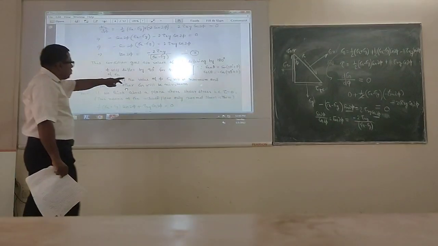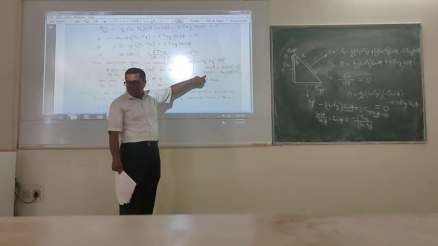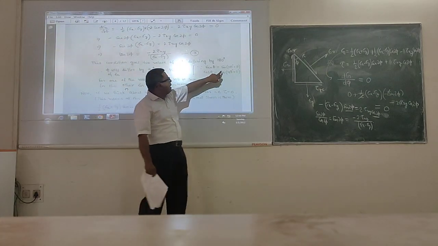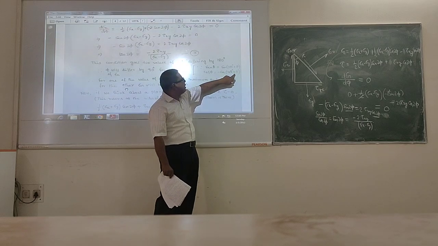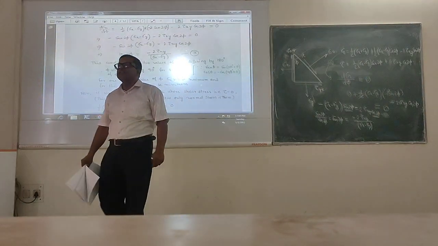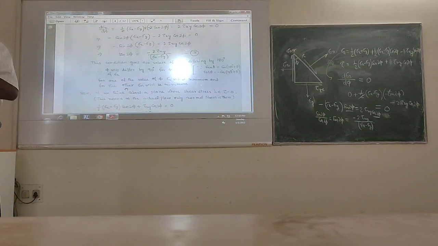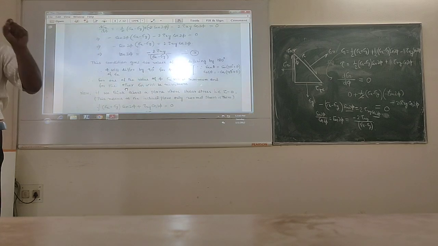So considering this, tan theta is equal to sin theta by cos theta, which is nothing but sin of 180 plus theta by cos of 180 plus theta, with a minus sign.